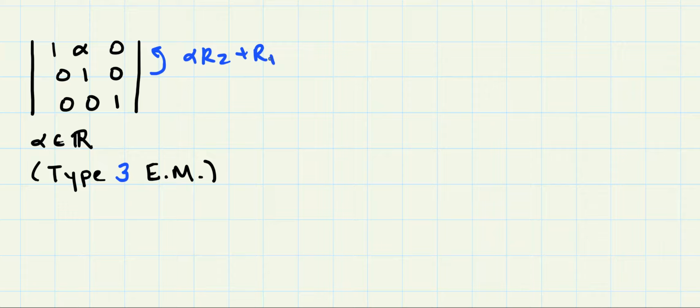So this is a type 3 elementary matrix. So what is its determinant? Well, notice that a type 3 elementary matrix is either going to be upper triangular or lower triangular. This one happens to be upper triangular. Since it's upper triangular, then the determinant is just the product of the diagonal entries, which is 1.